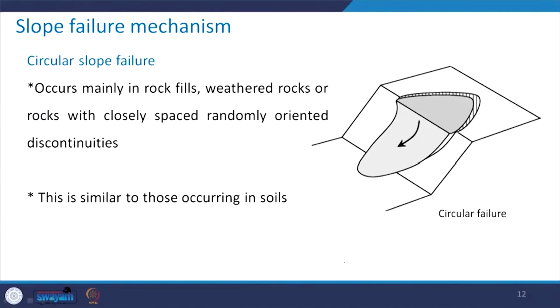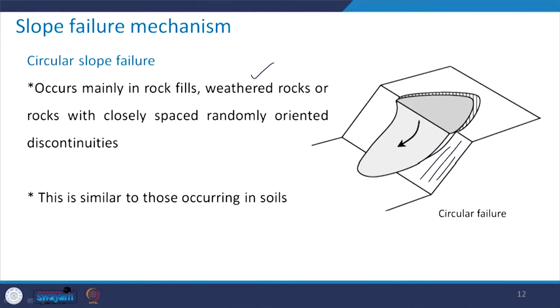Now, the next type of failure which can occur in case of the slope is the circular failure, which occurs mainly in rock fills and weathered rocks, or rocks with closely spaced, randomly oriented discontinuities, and this is very similar to that which occurs in soil.